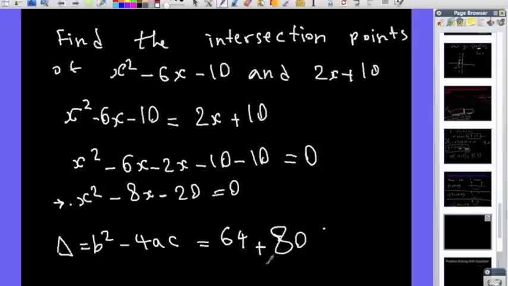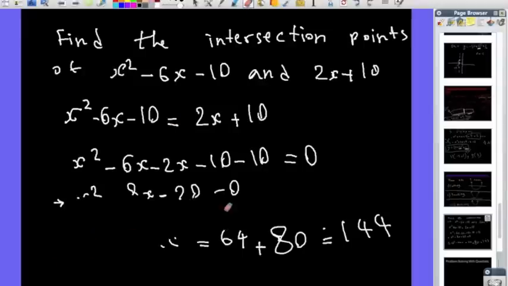Okay, so it's 64 plus 80, which gives you 144. So we know that delta is greater than 0, which means there are 2 points, because if delta is greater than 0, there are 2 different answers. Let me erase these. So let's check it.